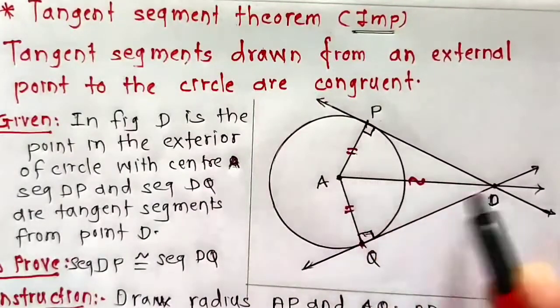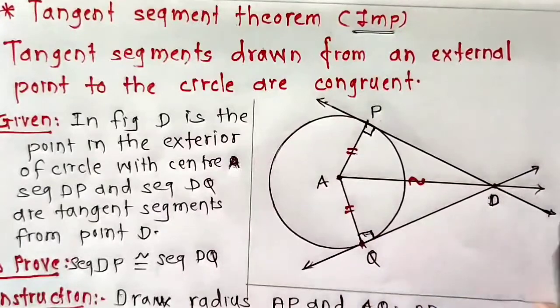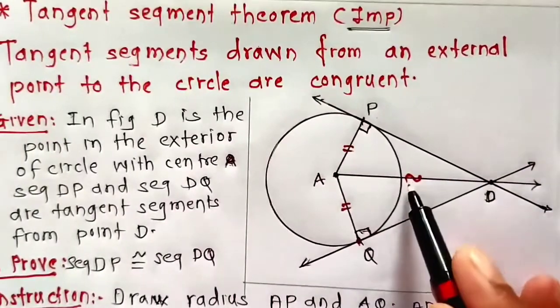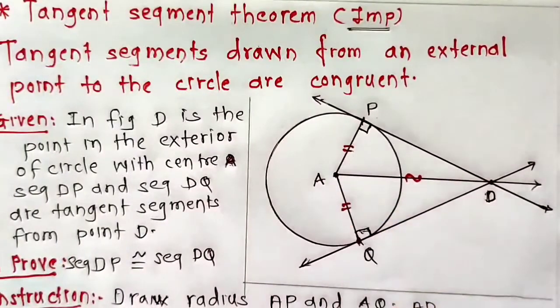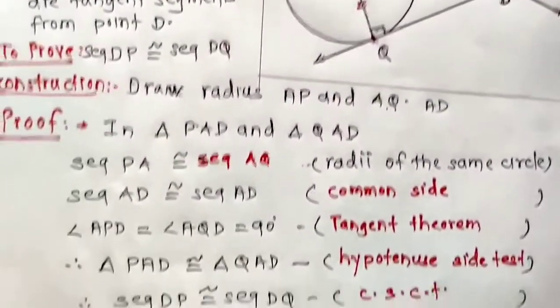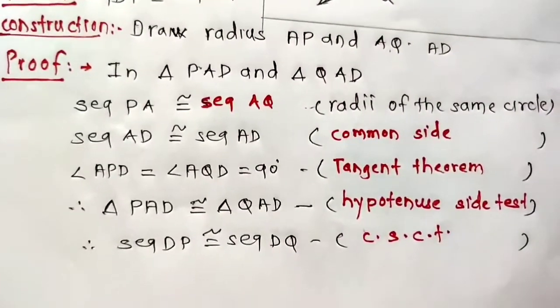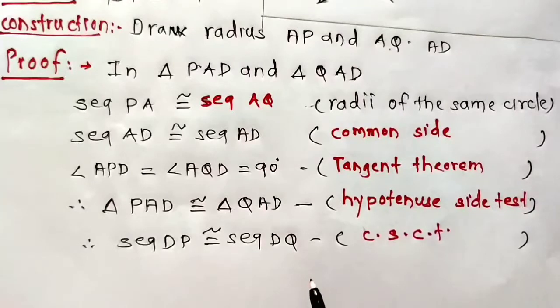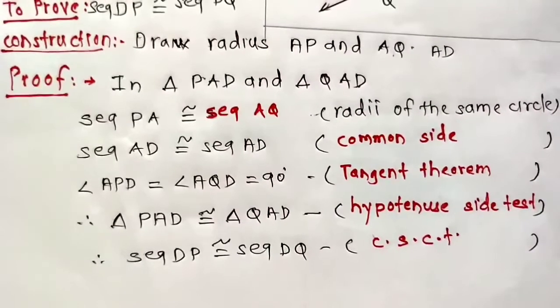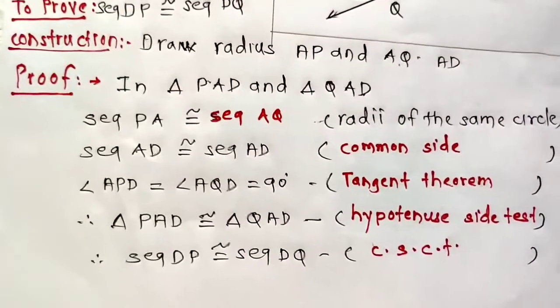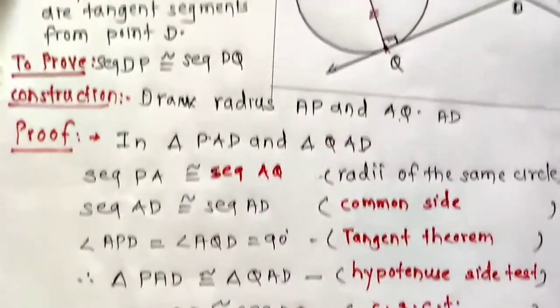Angle APD is congruent to angle AQD; by the tangent theorem these are 90 degrees, which means both are right angle triangles. In a right angle triangle, the hypotenuse is congruent and the radius means one side is congruent. So by the hypotenuse side test, these two triangles are congruent, and therefore their corresponding sides are also congruent. In this way we can prove this theorem. This is the basic part for practice set 3.1.